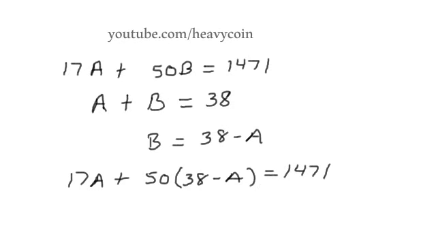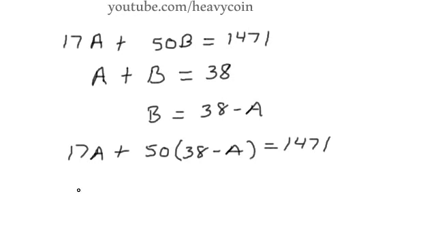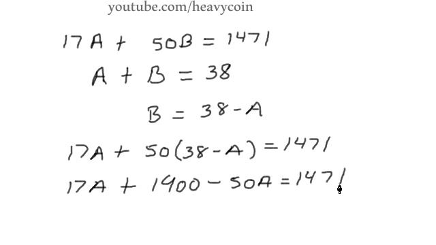Then we want to solve for A in this equation. So we have 17A plus 50 times 38, which is 1900, minus 50A is equal to 1471.